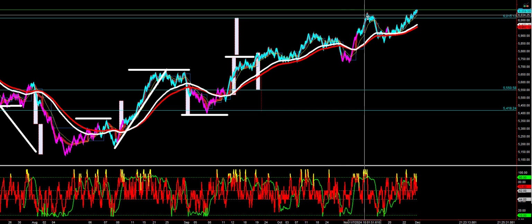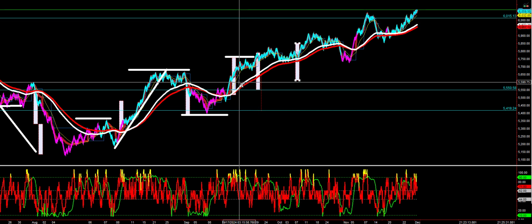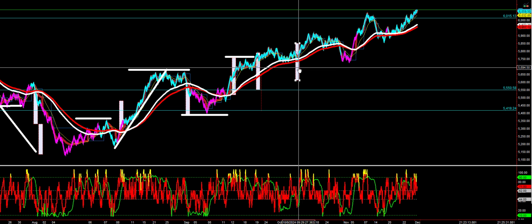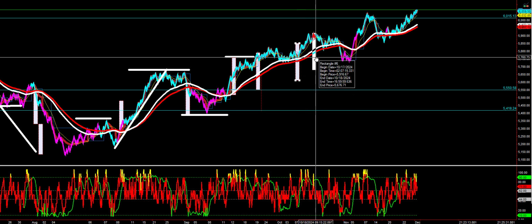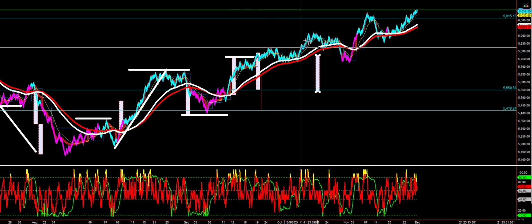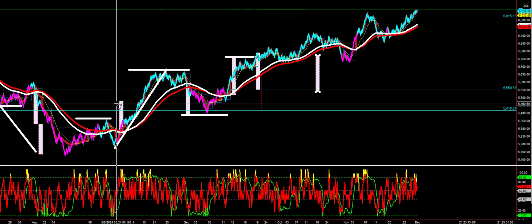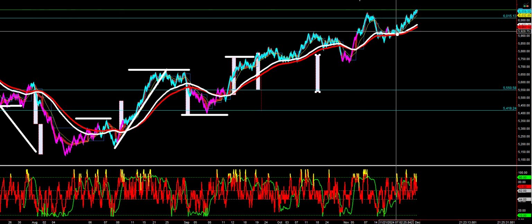All right, so here we are. This is the true value of the market line you can see here, and then we have a bunch of multi-day VWAPs giving us the bias direction.